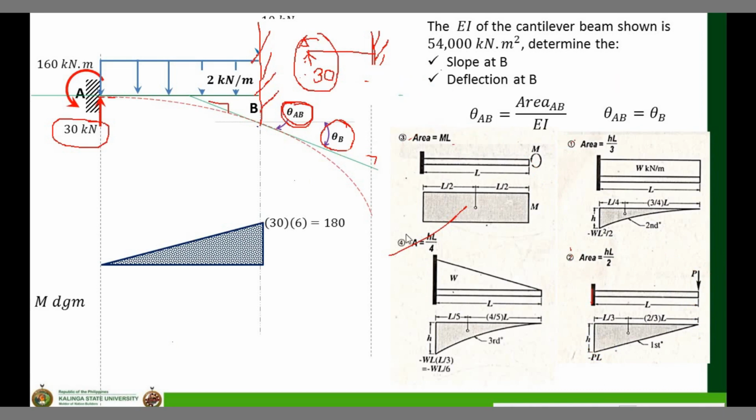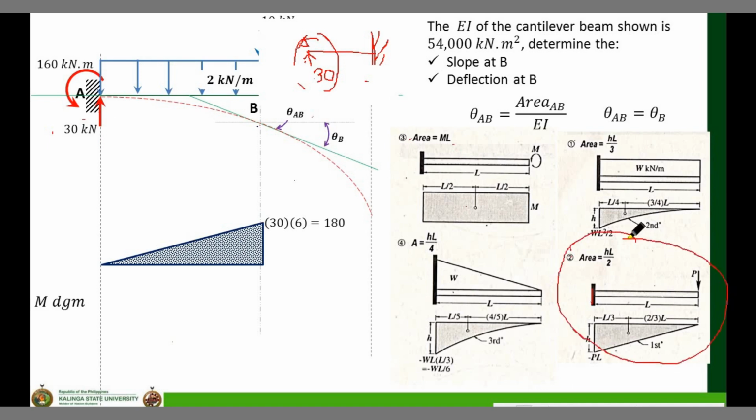Now, I'm going to use diagram number 2 because they are almost the same. The moment diagram for number 2 looks like this triangle.